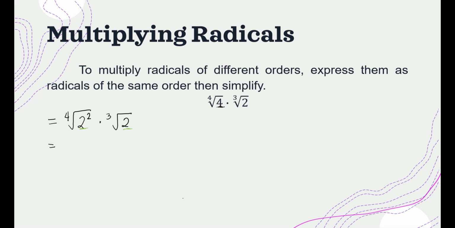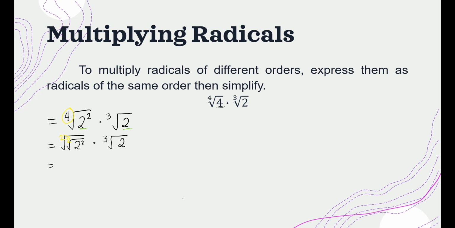The next thing that we have to do is to use the fourth law of radicals. The fourth root of 2 squared may be written as the square root of the square root of 2 squared, because we have the square root here and another square root here, and 2 times 2 is equal to 4, times the cube root of 2.